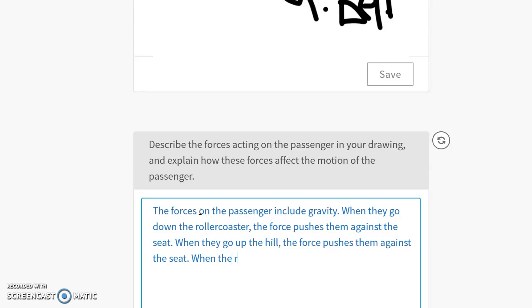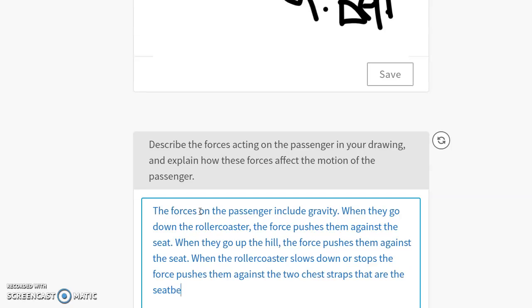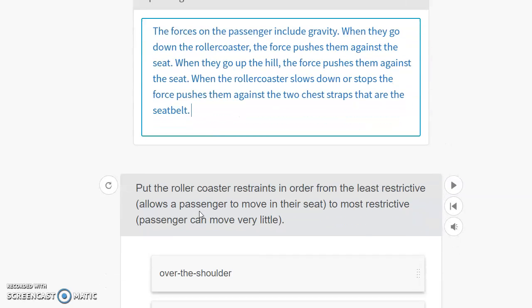When the roller coaster slows down or stops, the force pushes them against the two chest straps that are the seat belt. All right, so those are the different forces.